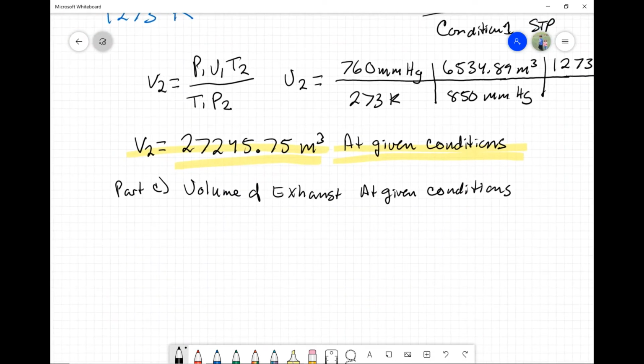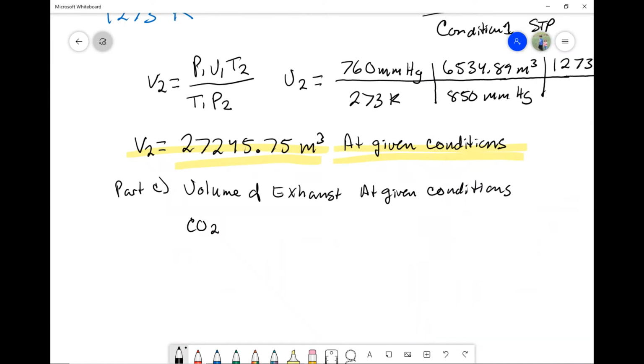And so we have H2O, from reaction 1 and reaction 2. We have CO2, that was only from reaction 2. N2 from the gas, and N2 from the air. And then we're going to have O2 from the excess air.